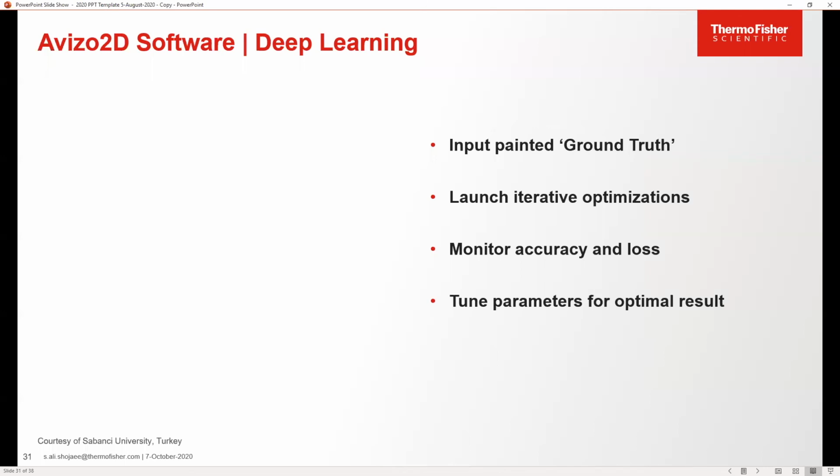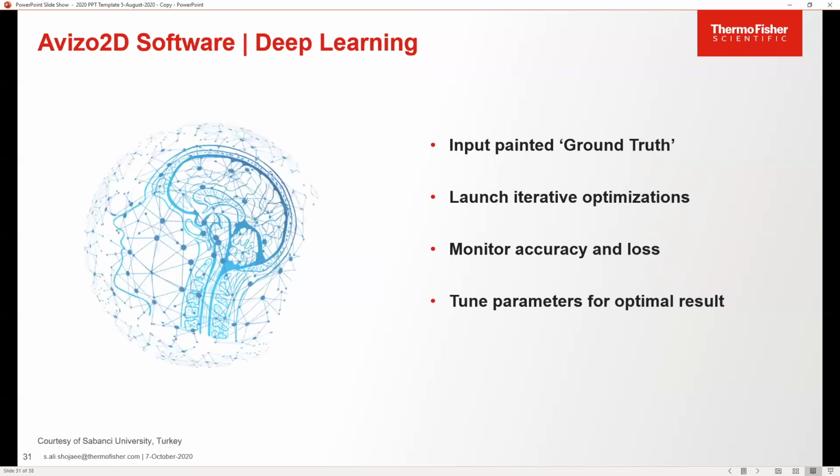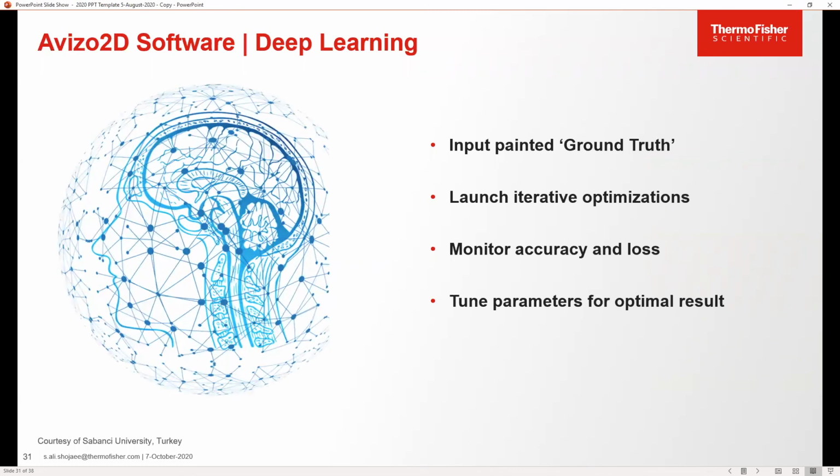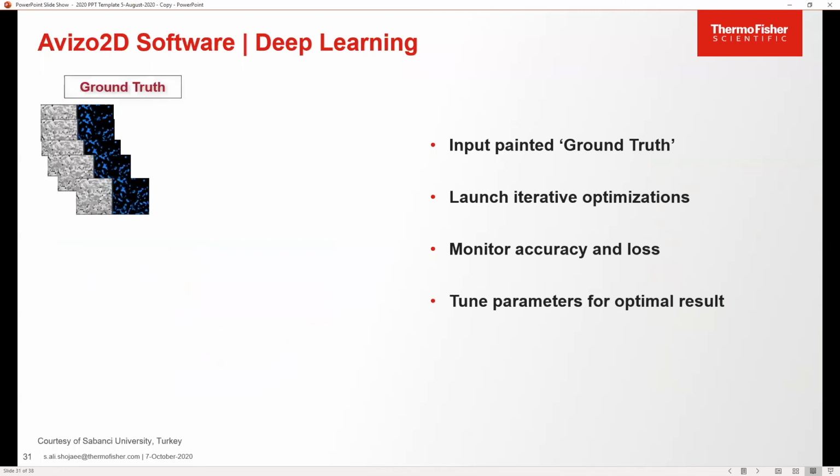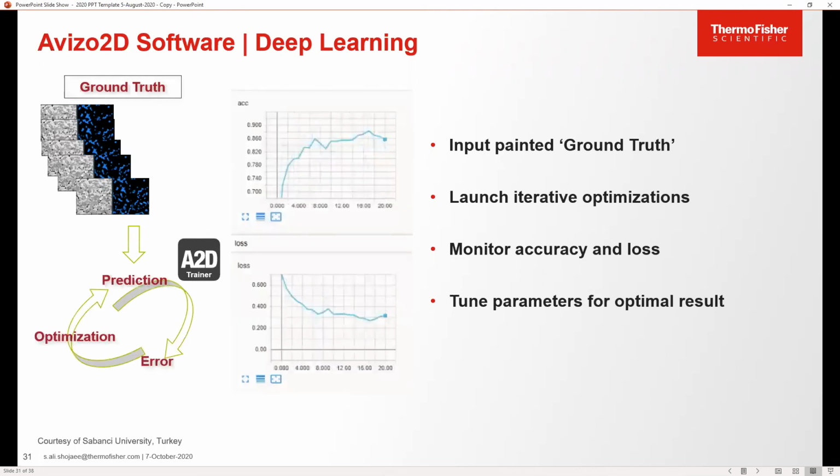That input painted, which we can call the ground truth, is going to go through a process. It is going to be fed into the software. The process is actually more complicated because you also have to verify and validate your results as well. But essentially, you have this input data, you have your ground truth, and it goes into the software.